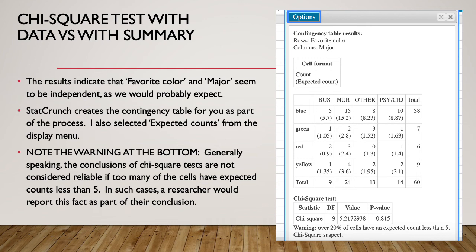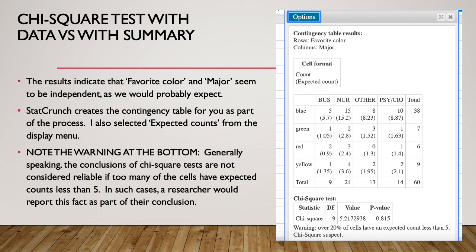Generally speaking, ideally you would like all of the expected counts in your chi-square table to be at least 5. Now that can be a problem if you have small sample sizes, and in this case we do. StatCrunch uses 20% of the cells having counts below 5 as sort of a warning. Some authors would say they should all be at least 5.